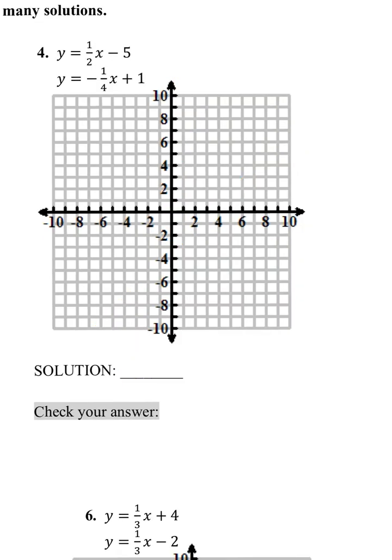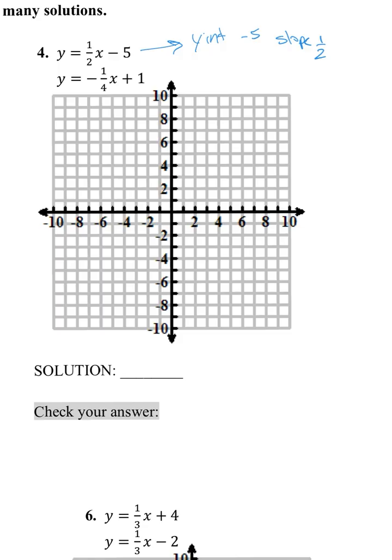On number 4, we've got the two equations. y equals 1/2 x minus 5, and the second equation is y equals -1/4 x plus 1. So here we are with the y-intercept and the slope. For the first equation, my y-intercept is -5 and my slope is 1/2.